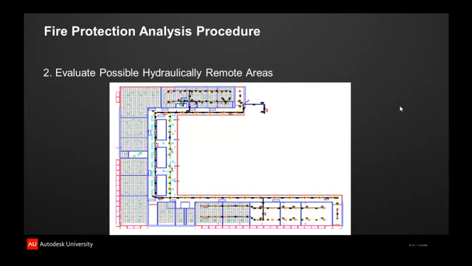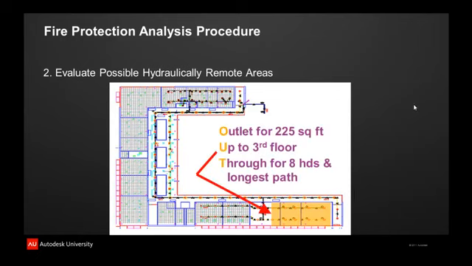Then we're going to, in step two of our procedure, evaluate possible locations for that hydraulically most remote area. I'm going to give you two possibilities here and some thoughts about each of those two possibilities. Almost every reviewing authority wants to see a calculation of the physically furthest away remote area.